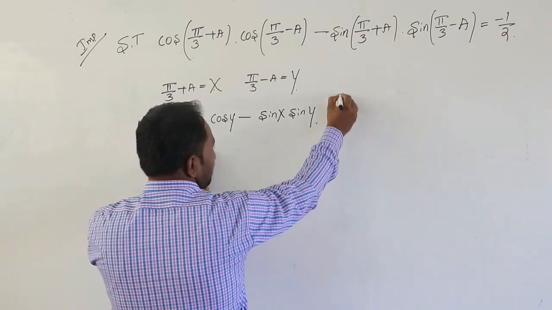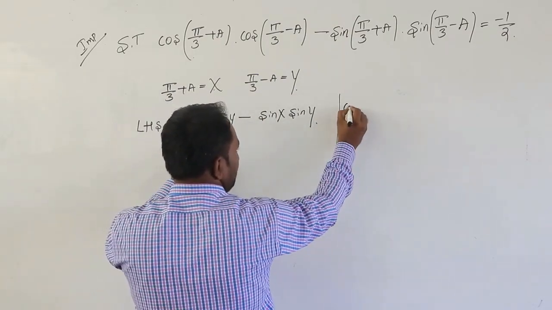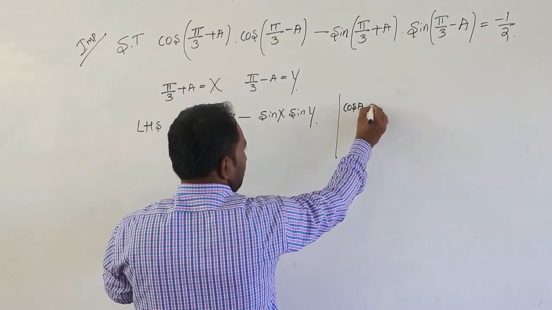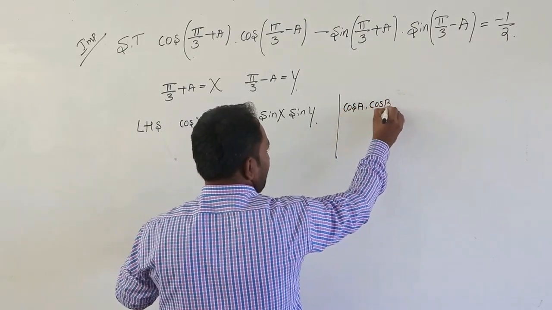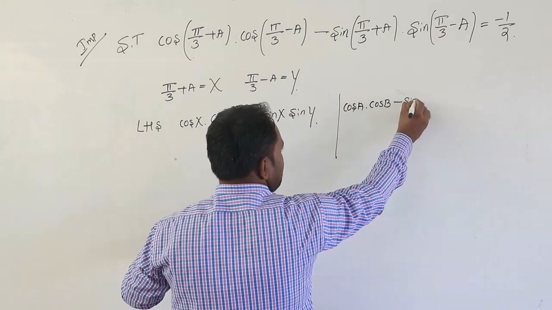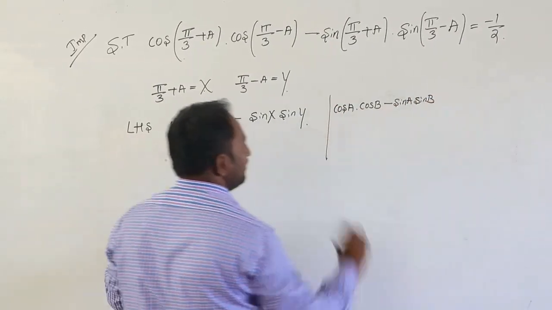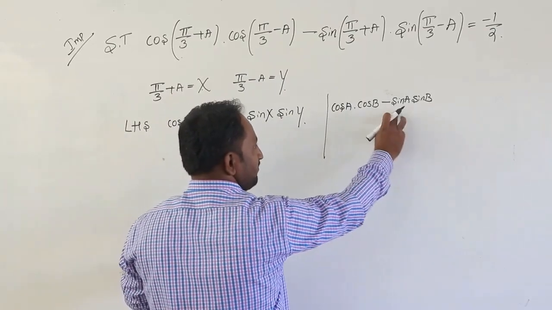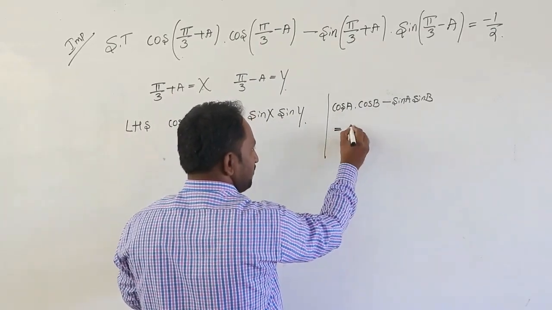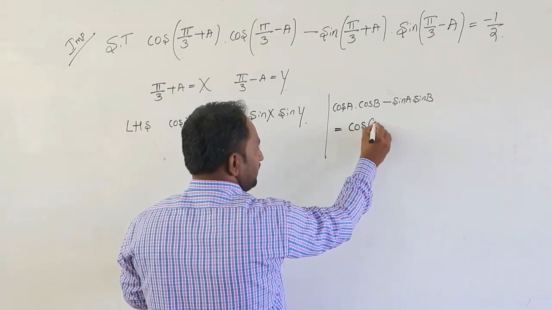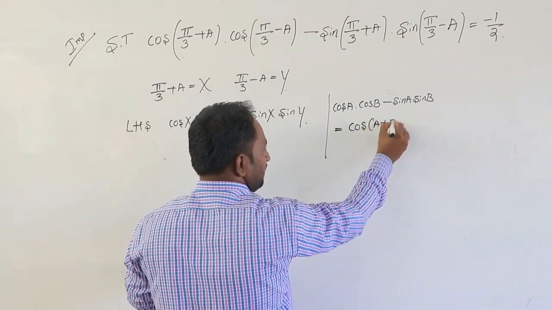Here again this form comes under cos a cos b minus sin a sin b. Here cos a cos b minus sin a sin b is equal to cos of a plus b.